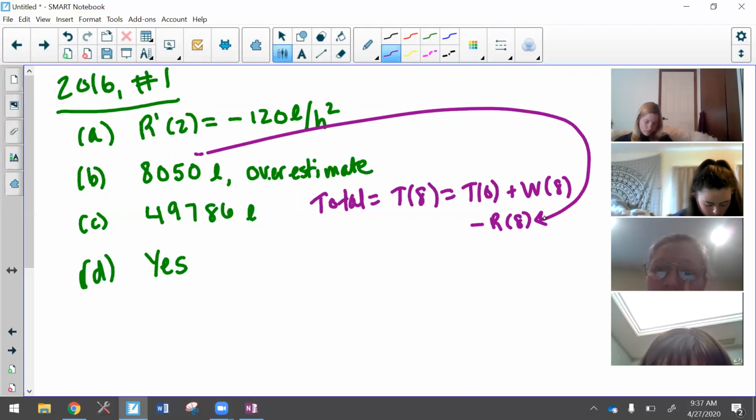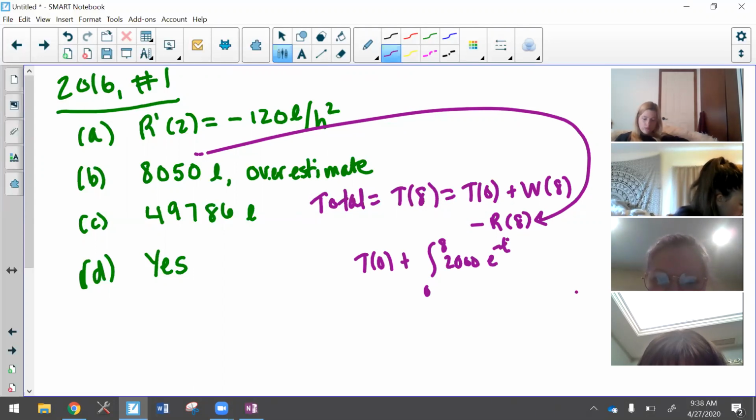Okay? And then for W of 8, so this is going to be T of 0 plus my integral from 0 to 8. It really shouldn't be W of 8. That's not really the right way to write it. Of 2,000 e to the negative t squared over 20 minus R of 8.